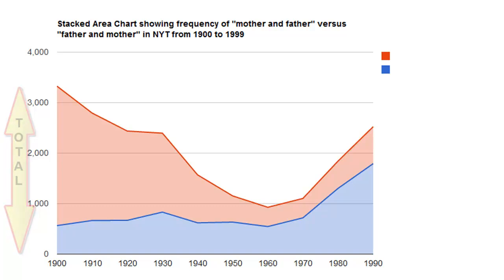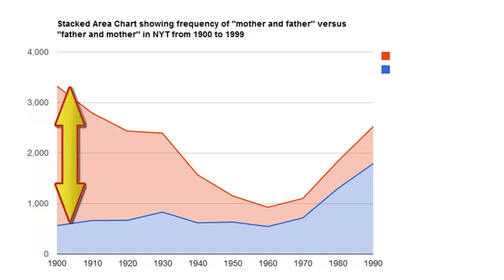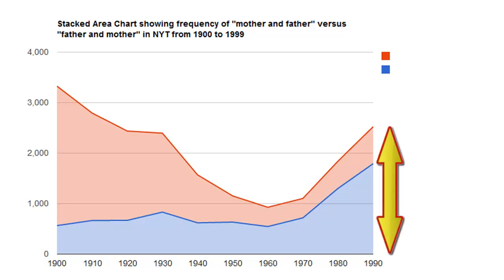And of that total, the mother and father sequence, which is the pink area, makes up most of it. By 1990, however, the total number of instances of mother and father and mother has dropped to about 2,500. But more importantly, the mother and father sequence, that is, the pink area, makes up only a small part of that total.